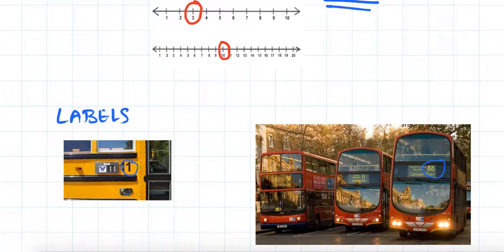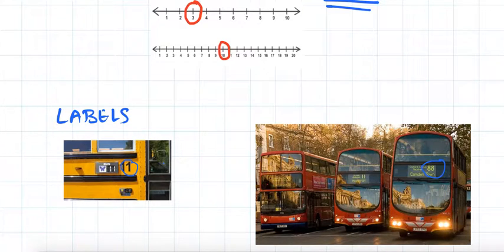They may signify certain routes to different places. Maybe number 11 goes to a particular place, number 12 goes to some other place. For example, here 88 goes to Camden Town, and number 11 seems to go to Oldwich. So they are not collections of things, so they are not sets of things, nor are they an order of things.